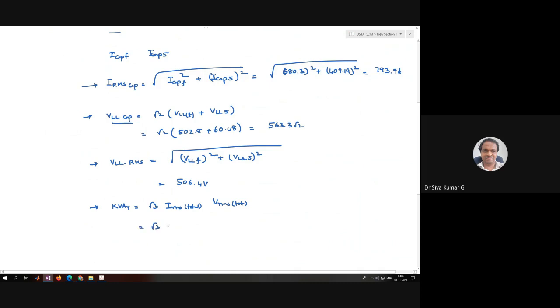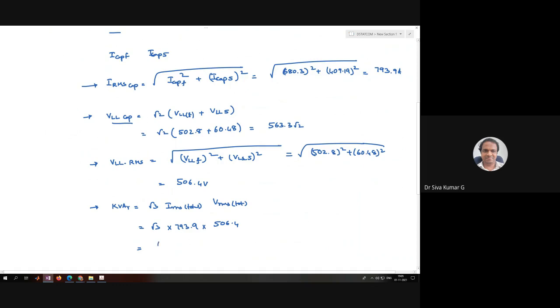It is root 3 times 793.999 into 506.4, where the voltage is the square root of 502.8 squared plus 60.48 squared.